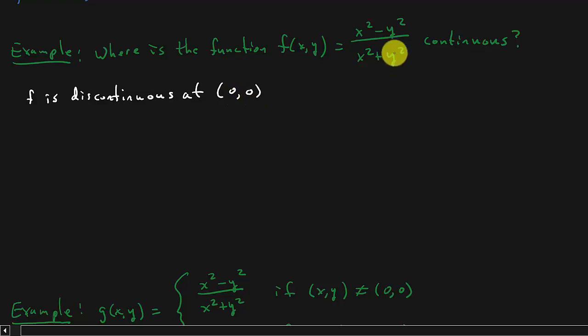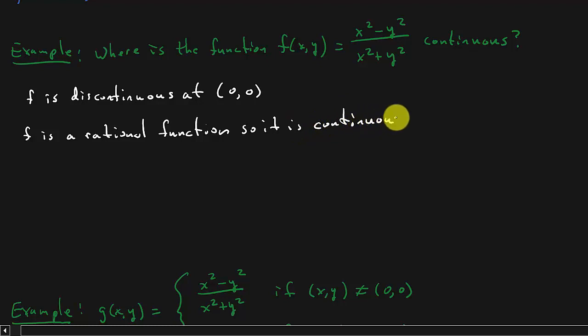Because if we plug (0, 0) in, we would get what? 0 over 0. But we also know f is a rational function. So it is continuous on its domain. All right. So it's actually continuous everywhere except for the point (0, 0).